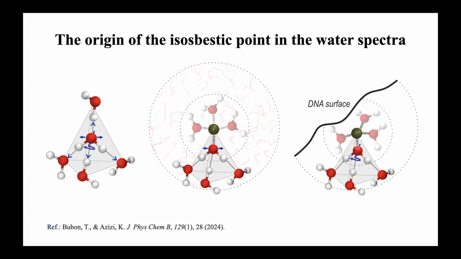And this effect is, as we can see, most prominent in the case of the minor groove of the DNA double helix, and as a result of opposite changes in these mode intensities, we observe in calculated spectra the isosbestic point.